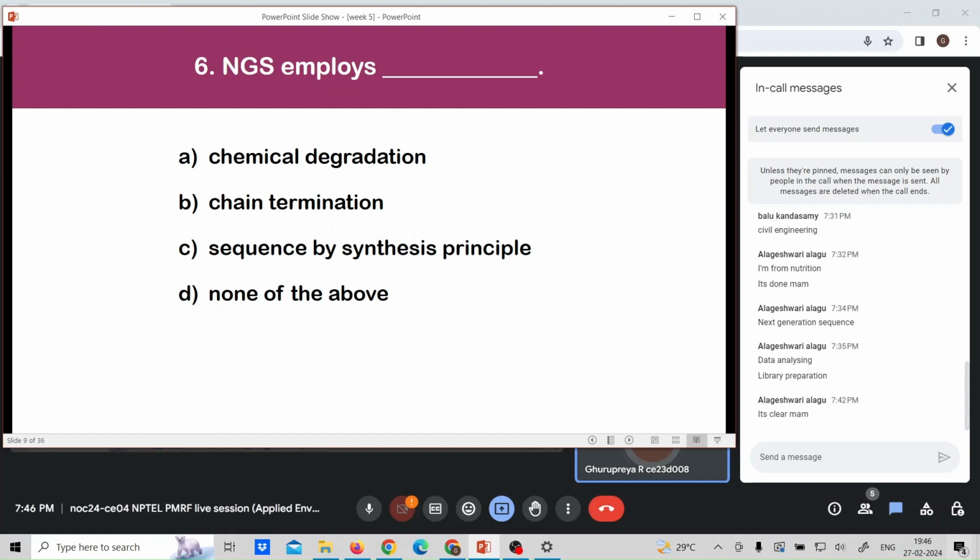This is another question related to next generation sequencing. Which of the following does NGS employ? You can just guess some answers. I'll anyway explain what the answer is and why it is so.